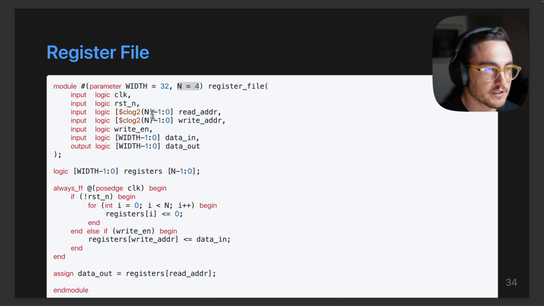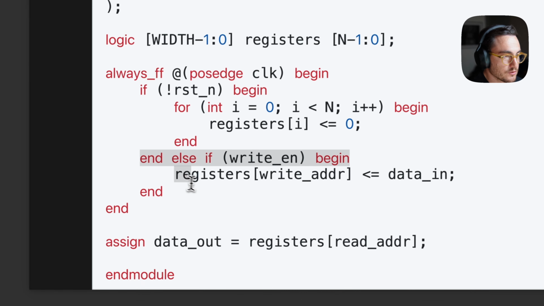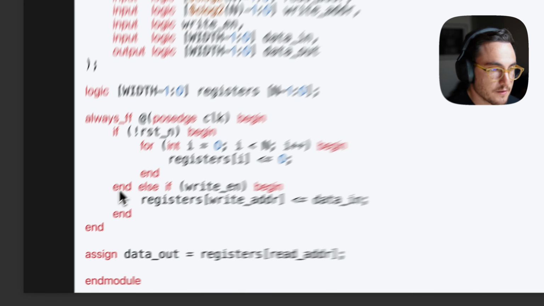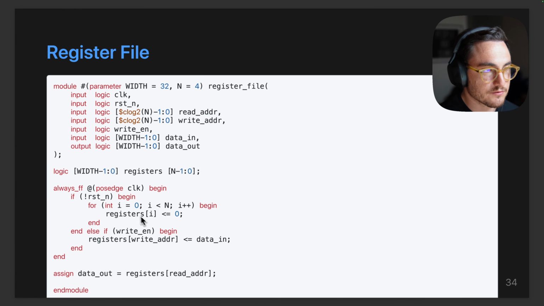So this is the relationship between how many registers we have and the read address, and data in and data out have to be the same width of the individual register. So you can see here that the write to the register file is synchronous, meaning that we can only write at the positive edge of the clock, because if you remember, the positive edge is where the flops get updated.